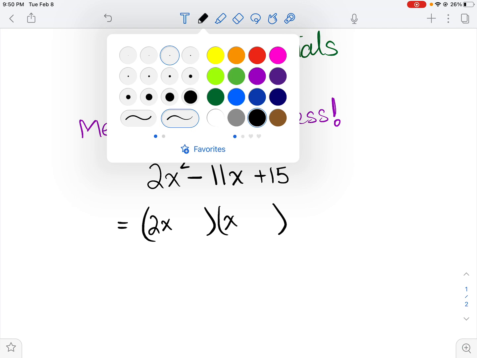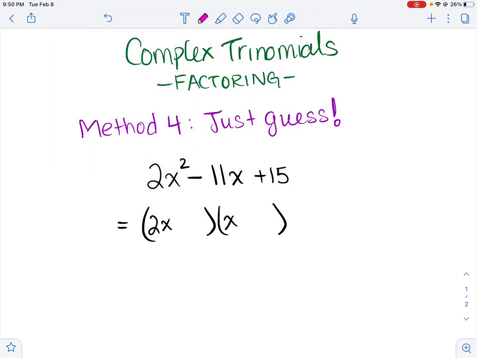Then the next step is, I know that my last 2 terms have to multiply to positive 15. Maybe it's a 5 and a 3. I'm guessing. I know they have to multiply to 15 because when you expand a binomial, your last step is to multiply the 2 last terms together.